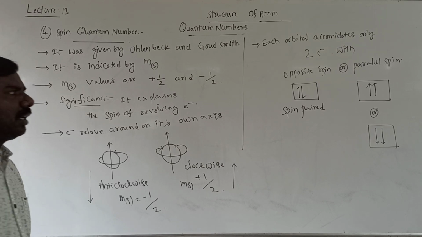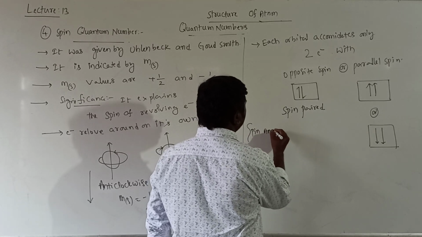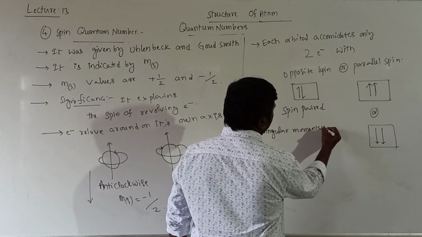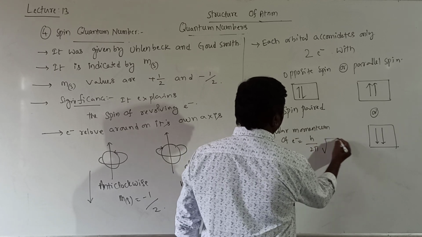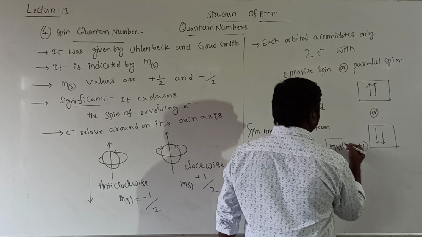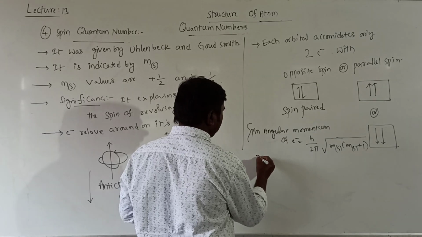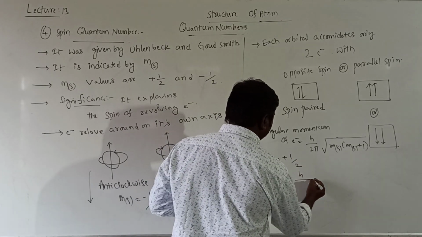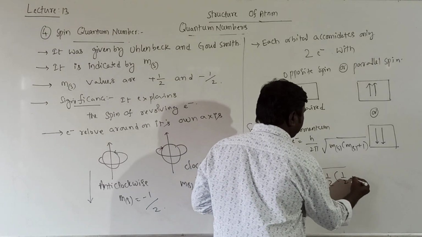Spin angular momentum of an electron is equal to h by 2 pi into root of ms into ms plus 1. This is the formula. If ms equal to plus half, for example, that is h by 2 pi into root of half into half plus 1.